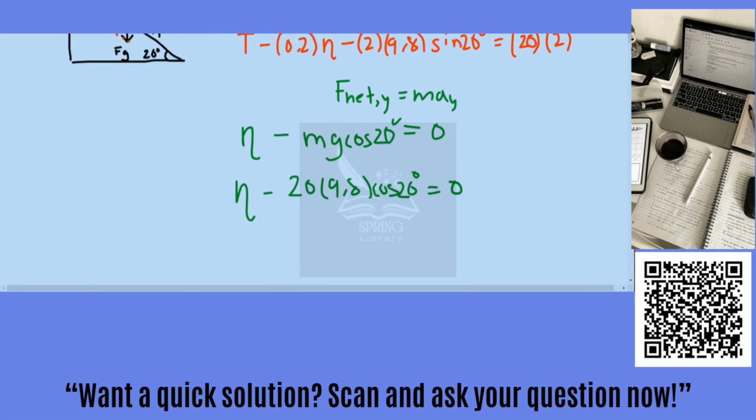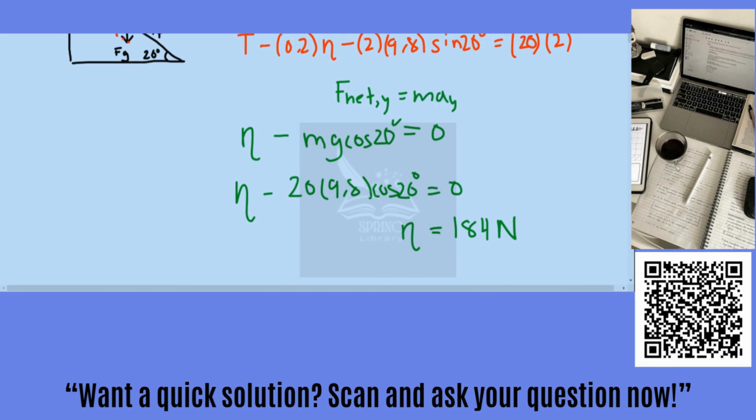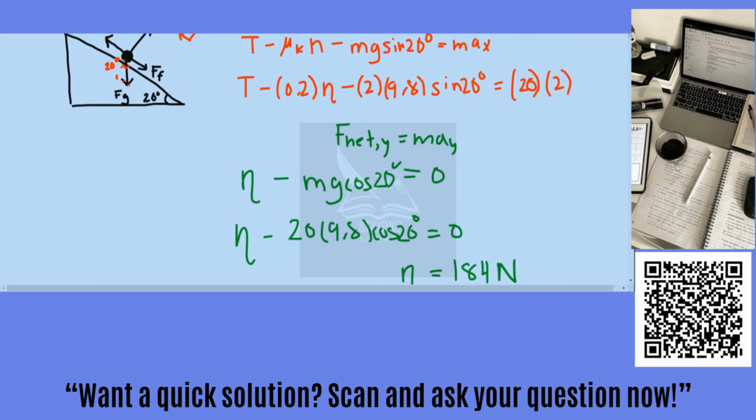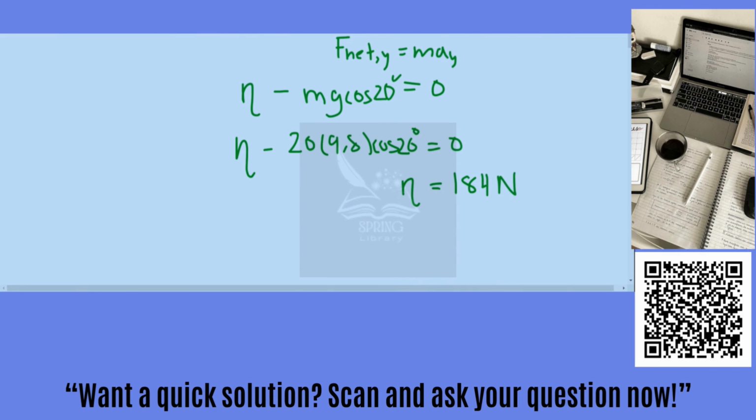So what I'm going to do is pull everything to the right-hand side here on this green equation, and that will give me a normal force of 184 if you just throw all that into your calculator. And then I'm going to sub the normal force into this equation up here for tension. So anywhere I see normal force in that equation, I'm going to go ahead and sub it in.